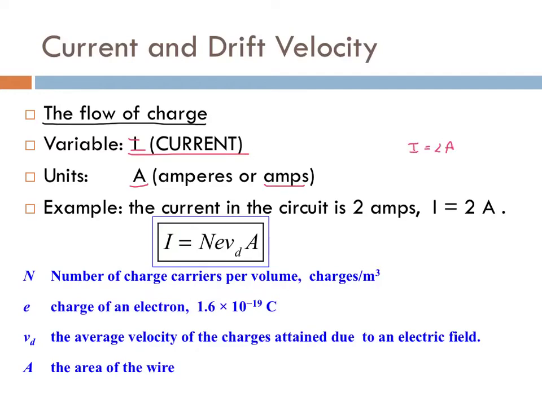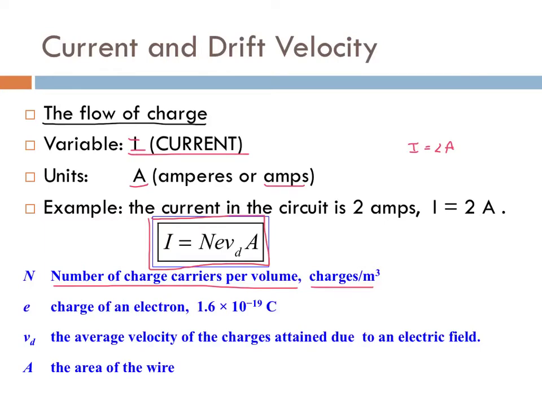So our current is also going to be equal to this equation here, capital N times e times v times A, where N is the number of charge carriers per volume. That means charges per meter cubed. e is the charge of an electron. Again, this is just a magnitude, 1.6 times 10 to the negative 19.